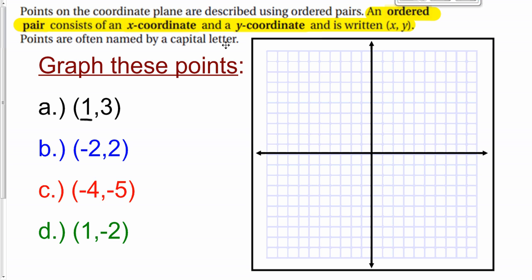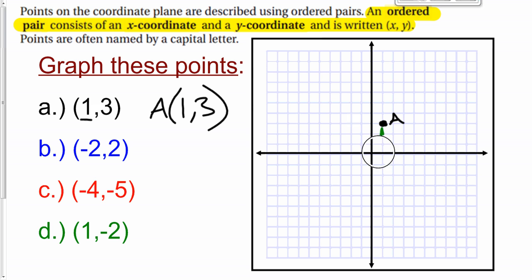So over 1, up 3 puts me right there. So that's point A. Sometimes you'll see it written like this, graph A (1, 3), and that would just mean we're naming that point A. Okay. So basically what we did there is we just went over 1, up 1, 2, 3.